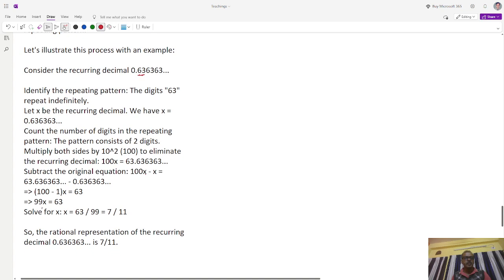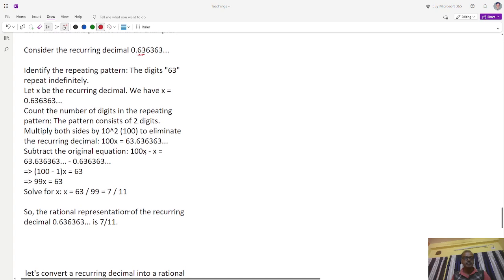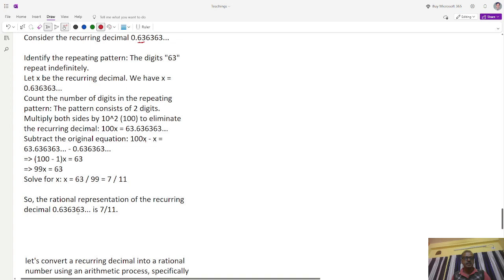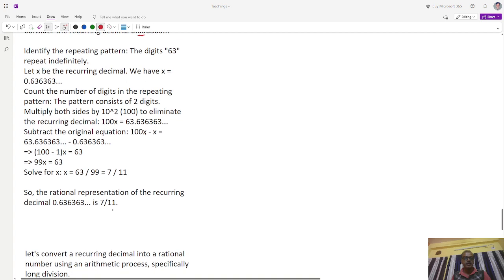So here we see the common factor is 9. If we eliminate 9, then we get x equal to 7 by 11. So the rational representation of the recurring decimal 0.636363 repeating is 7 by 11. Understand?